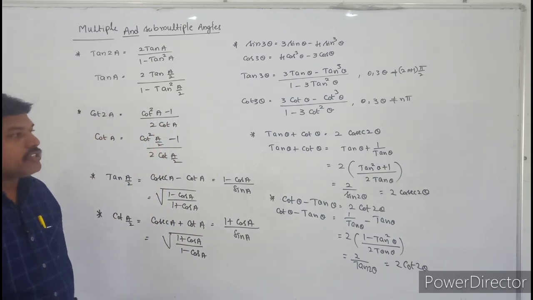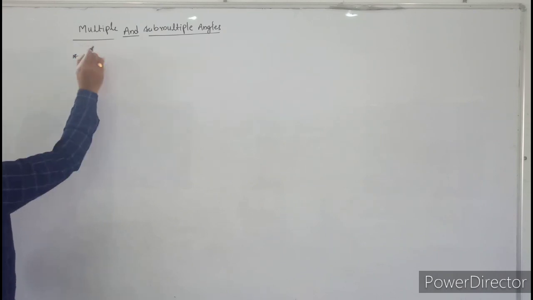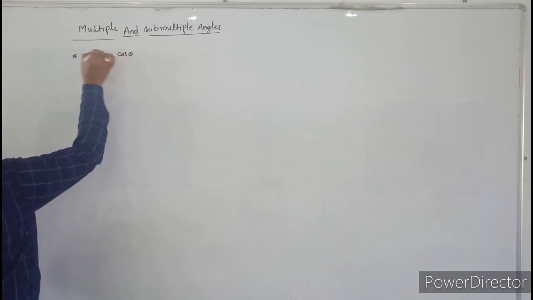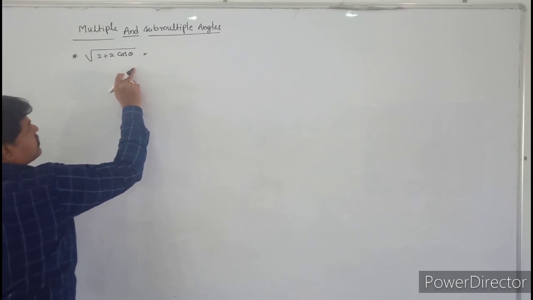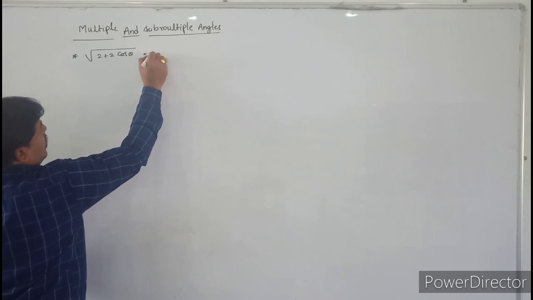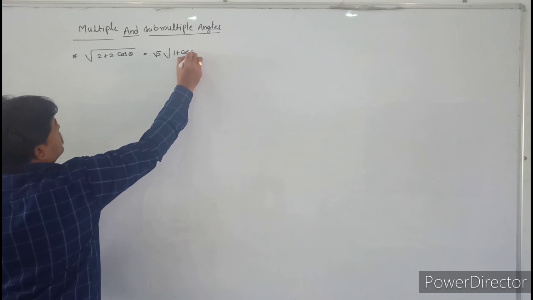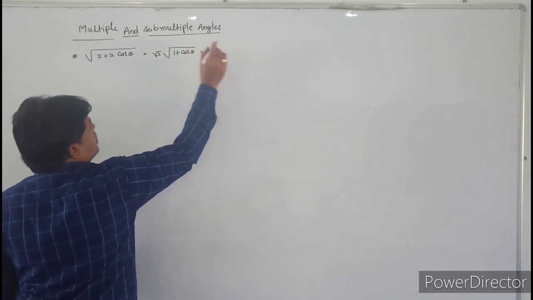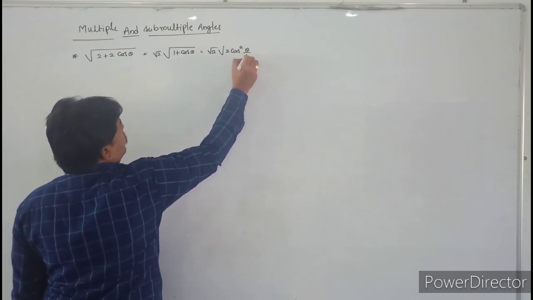So see that condition, students. Square root of 2 plus 2 cos theta. If you take 2 common, it becomes root 2 into root of 1 plus cos theta, and 1 plus cos theta is nothing but 2 cos square theta by 2.